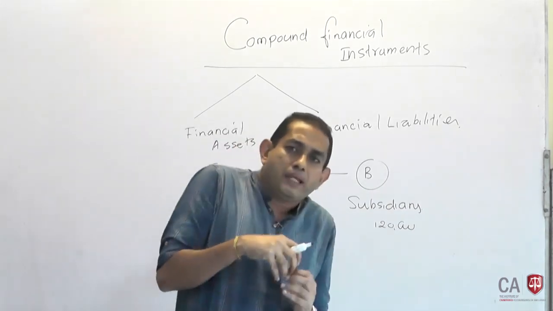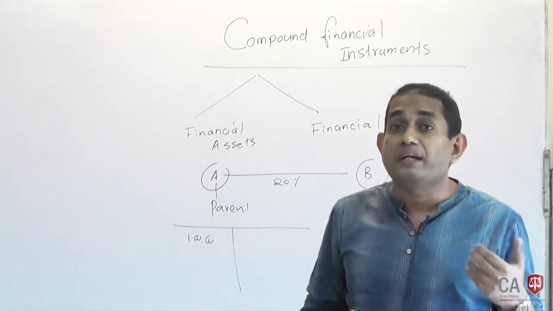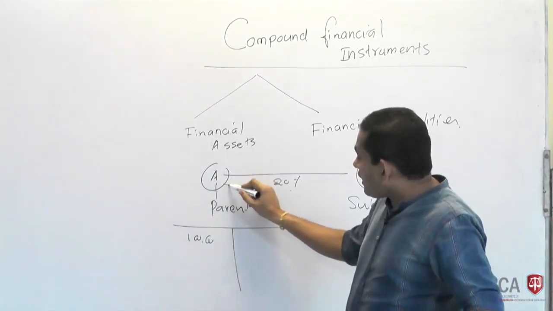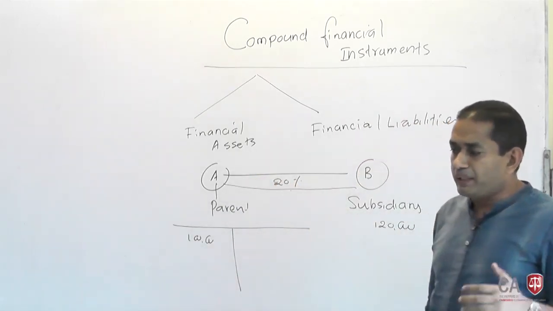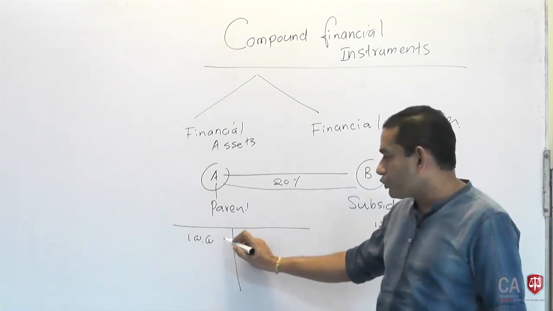Irrespective of company A being parent and company B being subsidiary, the loan was granted purely at the market interest rate. So the transaction is purely an arm's length transaction, and the value should be the fair value.